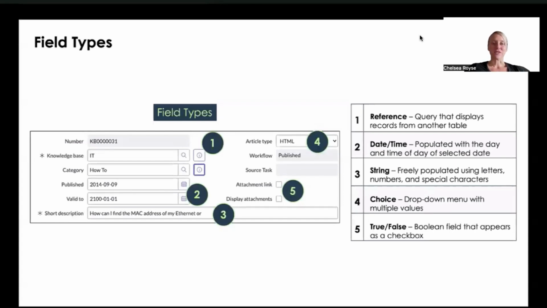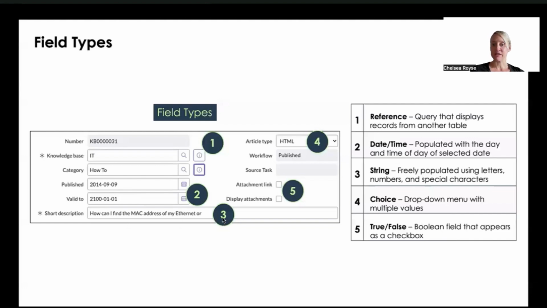So for example, on this field type section here, number one, you can see that is a reference. So it is a number form, which each record has its own number form, but it just displays the record if it's from another table. Now, number two here is a date and time format. So there's all different formats of how you can go ahead and create your form, or how users can put in information.